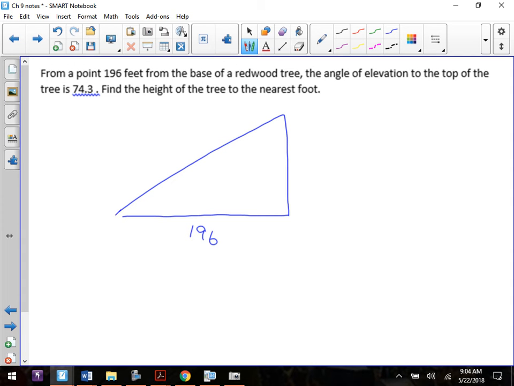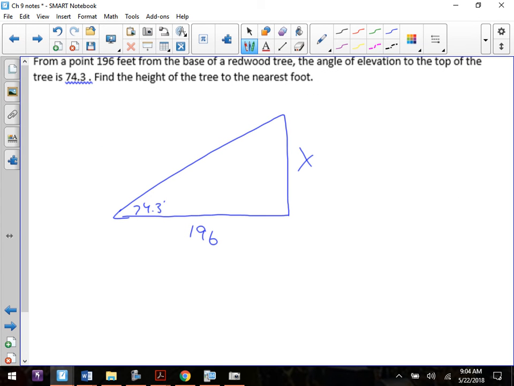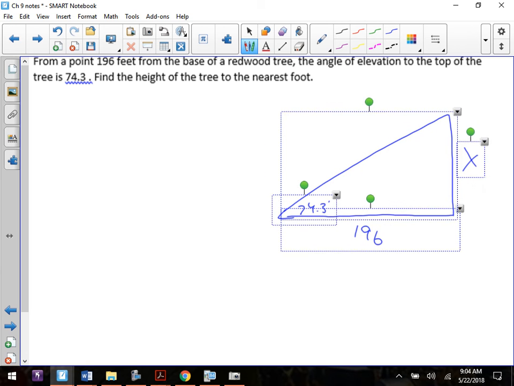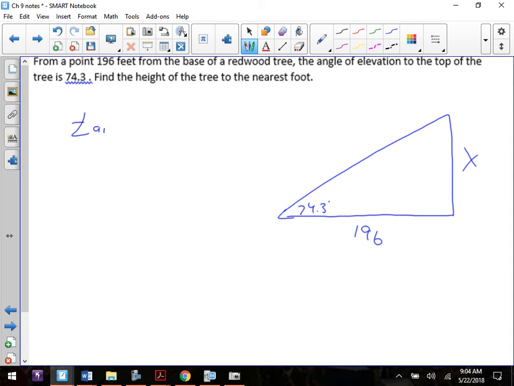Now, this is 74.3. They're trying to figure out how tall is the tree. What trig function are you going to use here to figure out the height of the tree? Tangent, very good. Because you've got an opposite and you have an adjacent. So you use tangent here to set this up. So we know that the tangent of 74.3 is x over 196.